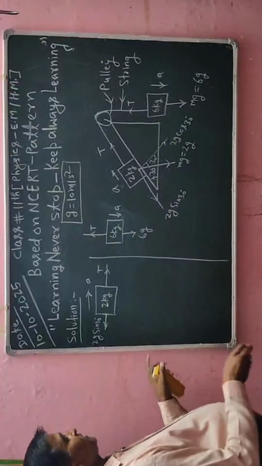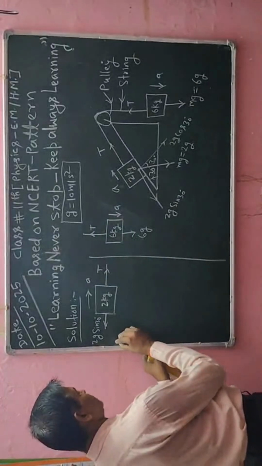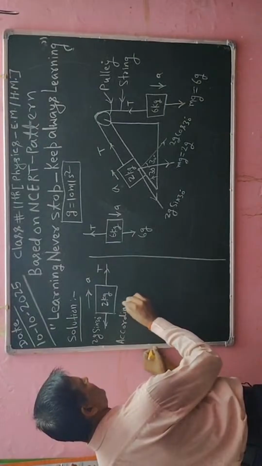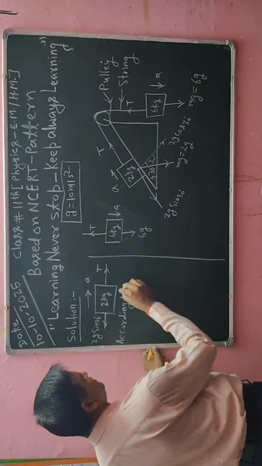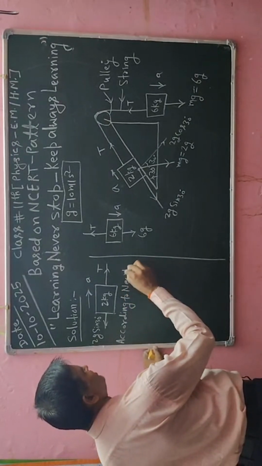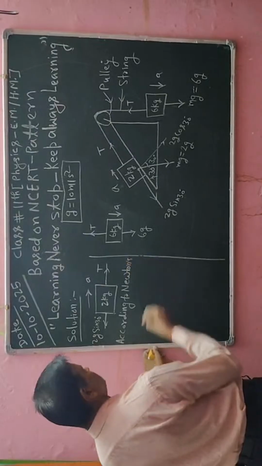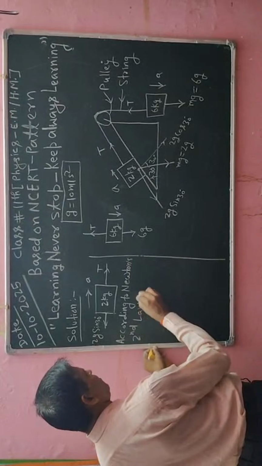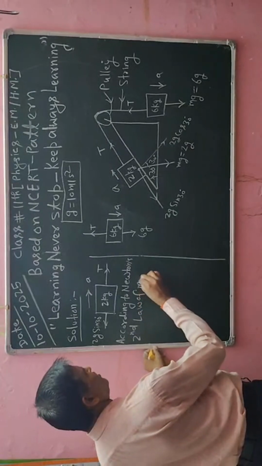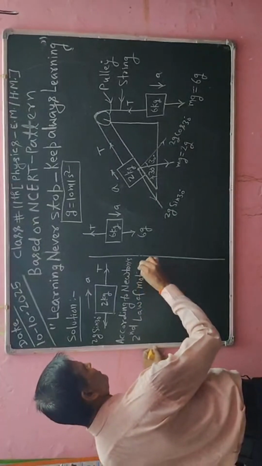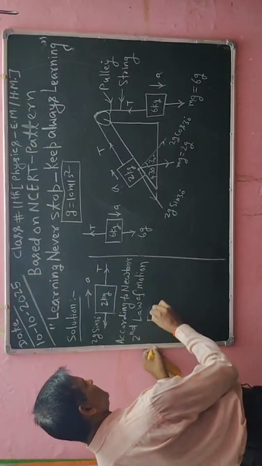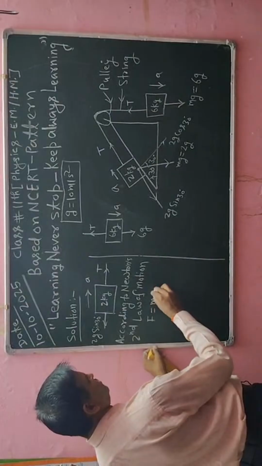So here I will write, according to Newton's second law of motion, for calculating the value of a. The second law of motion is F is equal to ma.